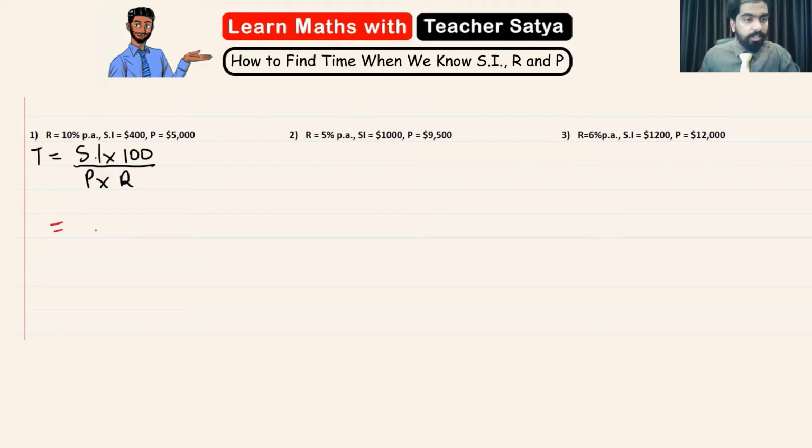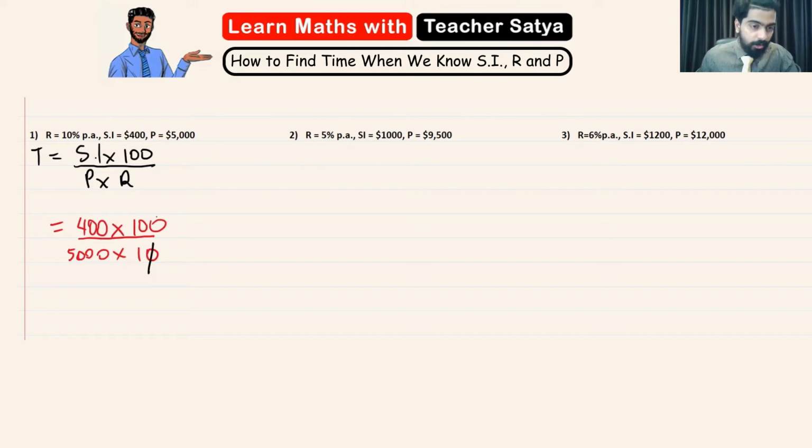So as we can see from the question, the SI is 400 multiplied by 100 over the principal, which is 5,000 multiplied by R, which is 10. Now step number one, what we can first do is we can simplify the zeros.